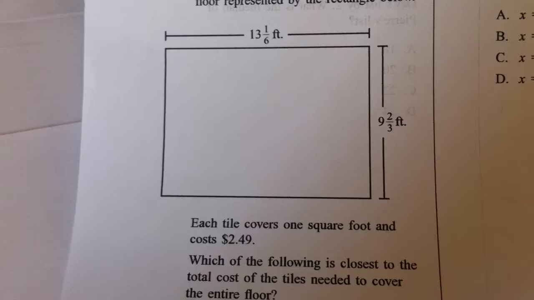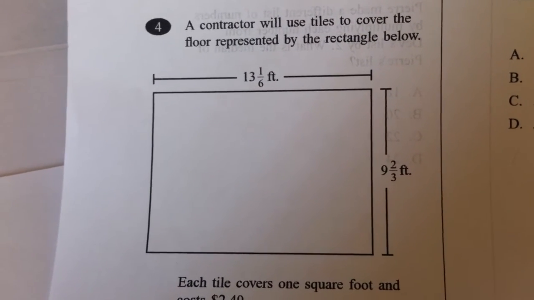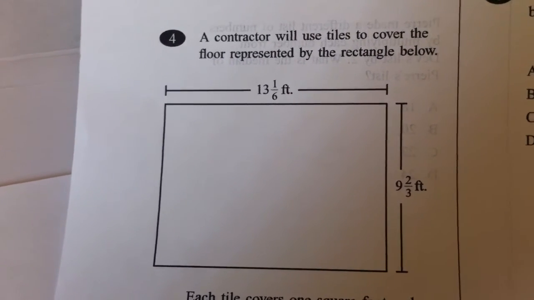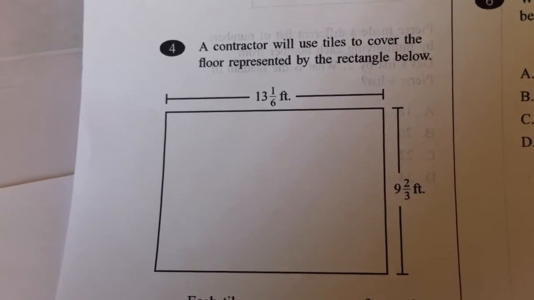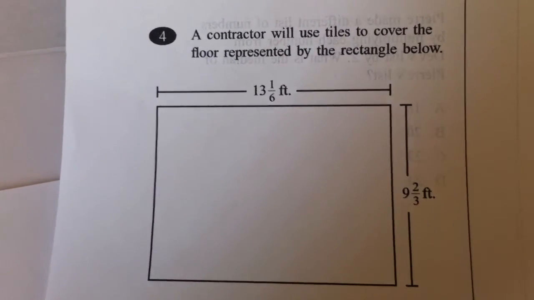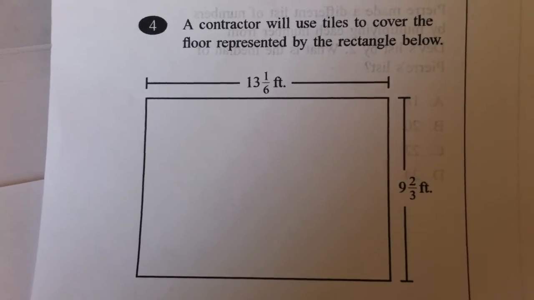So to approach this problem, we will try to round off our numbers for the length and the width of the rectangle, to make it easier for us to calculate the cost. So the 13 1/6 of a foot, let's see how we can round off that number.